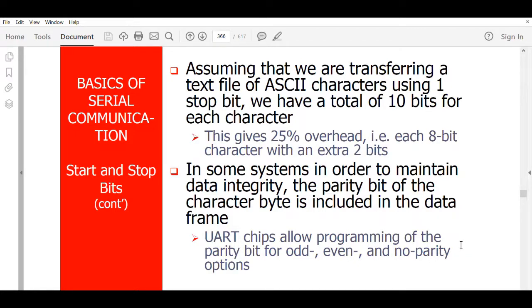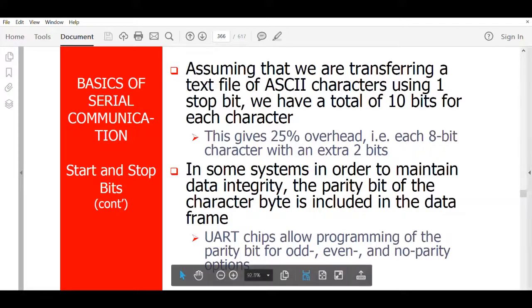There are cases where, in addition to the start bit, stop bit and the data bits, you have parity bits. Why do we need parity bits? Because during data transfer some error may occur. To find out whether there is any error, you insert a parity bit to make sure there is no error.